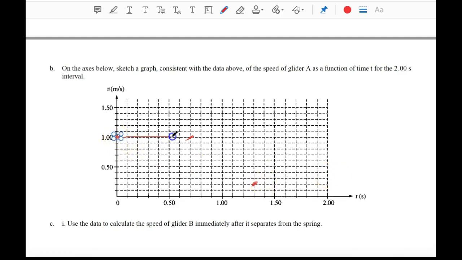So here's our first section. And then what you have to be careful of is you need to have a curve. That curve will move through, but we have to figure out that at 0.6 seconds, we've got to go through this point. And then it keeps moving through.